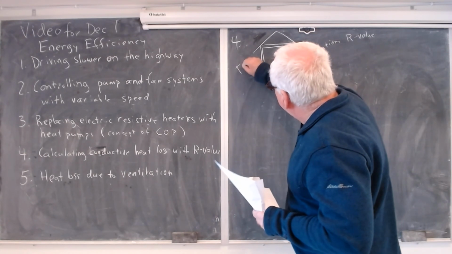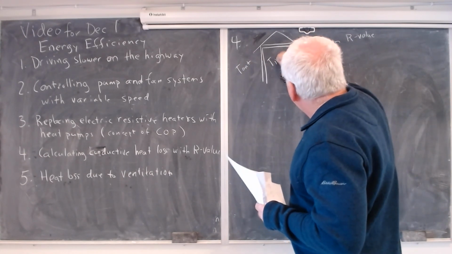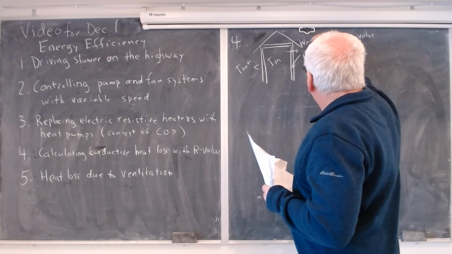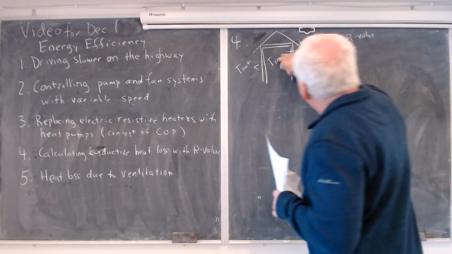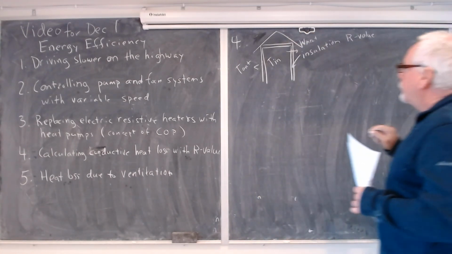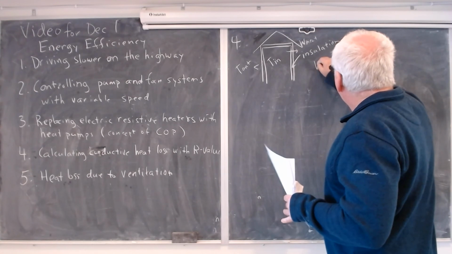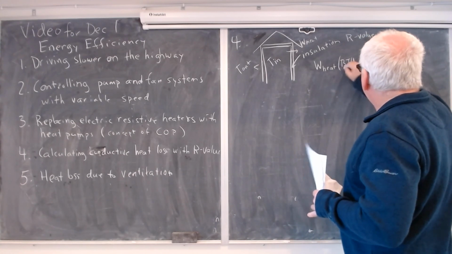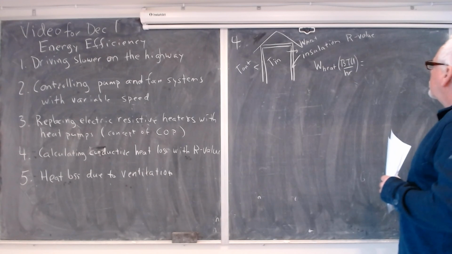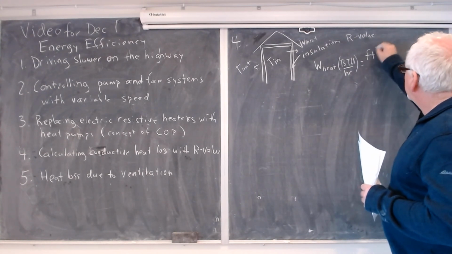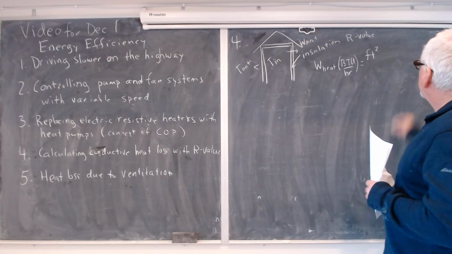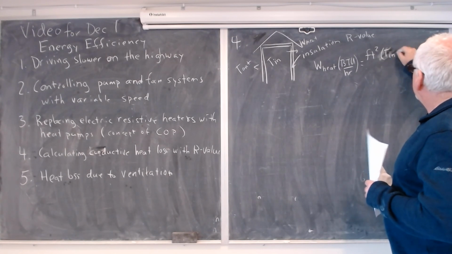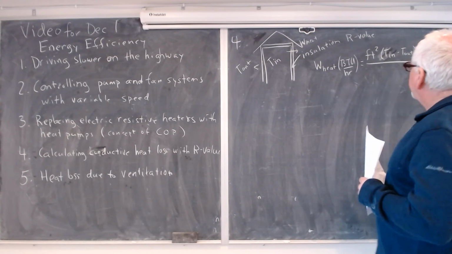If there's an outside temperature lower than the inside temperature, there will be heat leaving through conduction, and that W heat in BTU per hour is equal to the square footage, I'll calculate that in a second, times delta T, or let's write it out, T in minus T out, over R.